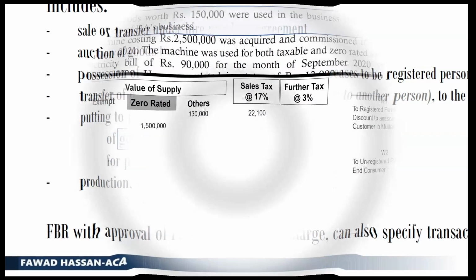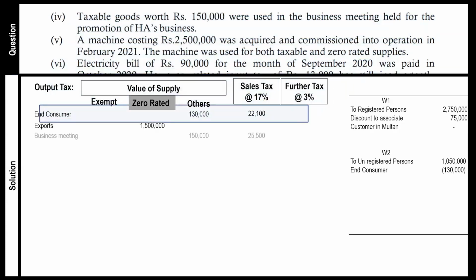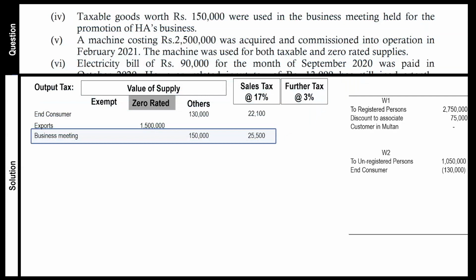Move back to solution. In first para, we have already read that it is a manufacturing business. Therefore, if manufacturer is using its goods in its own business meeting, it will be treated as a supply and sales tax will be charged. Mention 150,000 as sales and calculate sales tax at 17% on it.